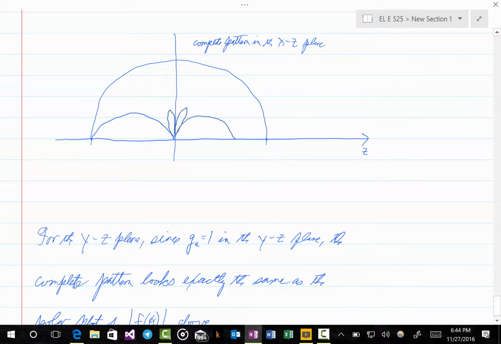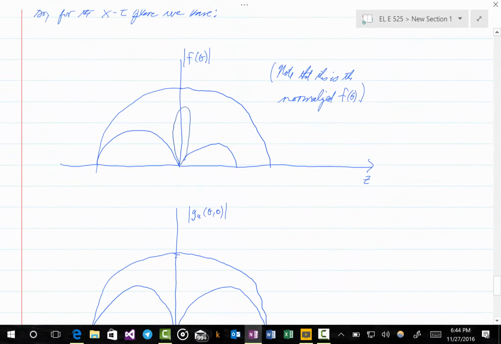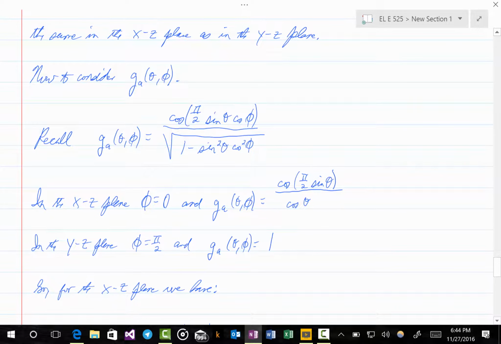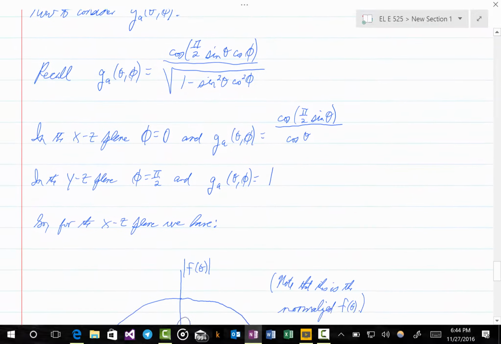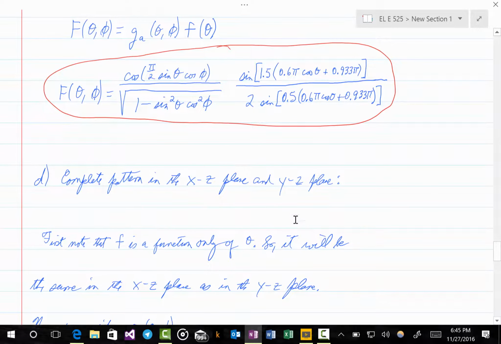Of course, if we wanted to get an absolutely accurate picture, what we should do is plug into our formulas. Recall, here we go. Here is our formula for the complete pattern.